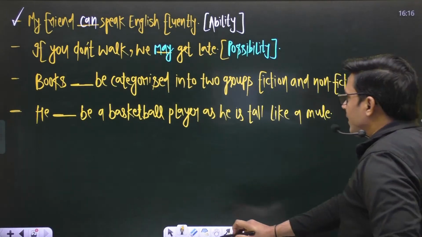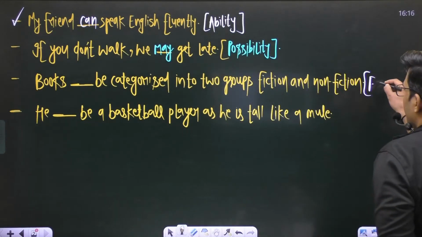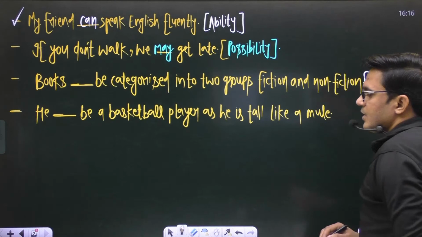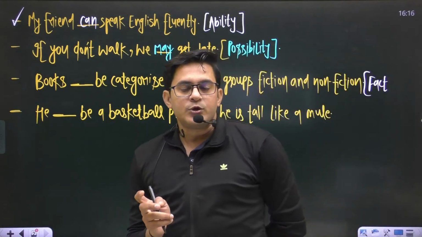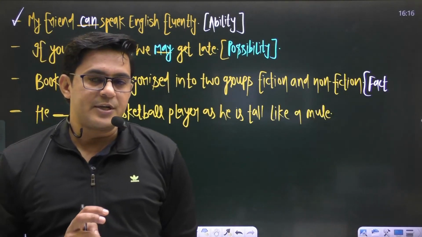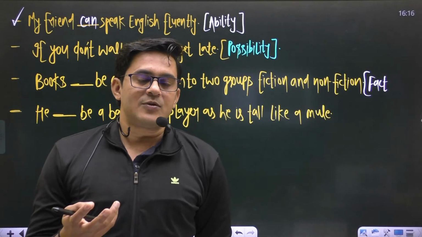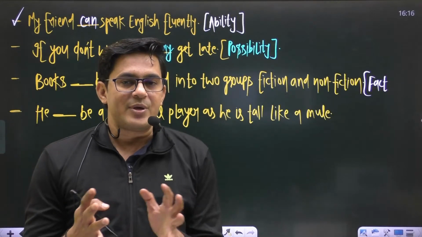Okay, so let us understand this sentence. You know, in this sentence, we are talking about fact, right? Whenever any universal fact or scientific fact is given in that particular sentence, we always talk about ability, right?